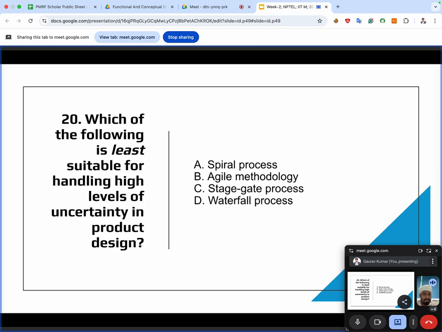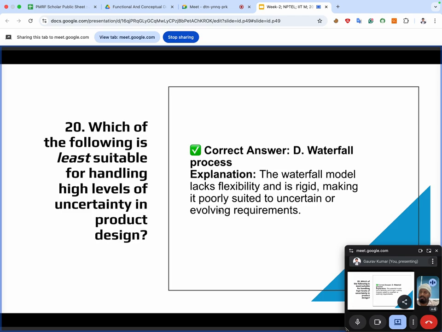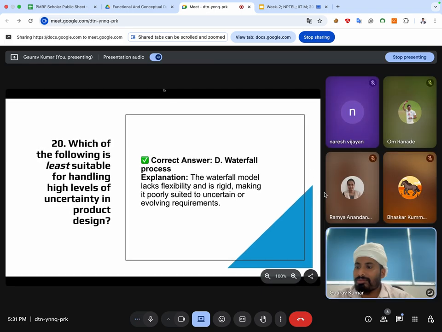If a customer needs a shift or new insights emerge, going back to an earlier stage is difficult. That's why it's poorly suited for evolving designs. Spiral or agile models handle uncertainty better, right? So D is the right answer, and you may see the explanation part as well.